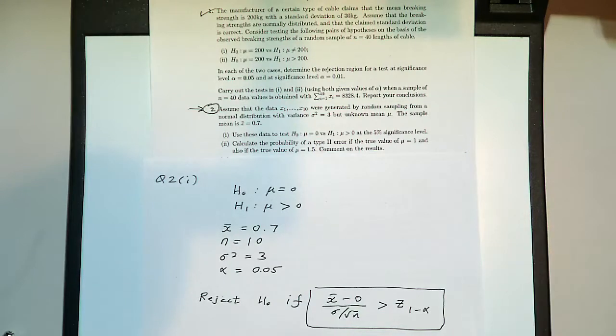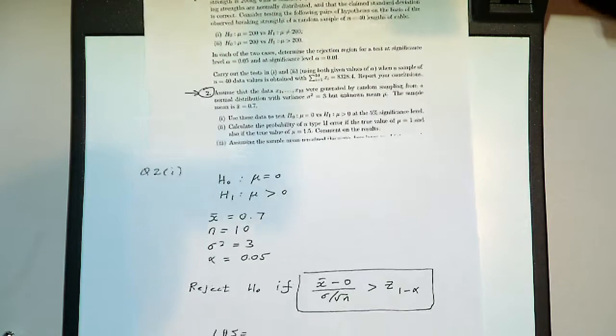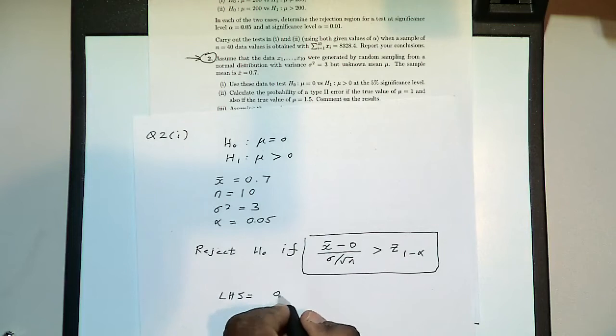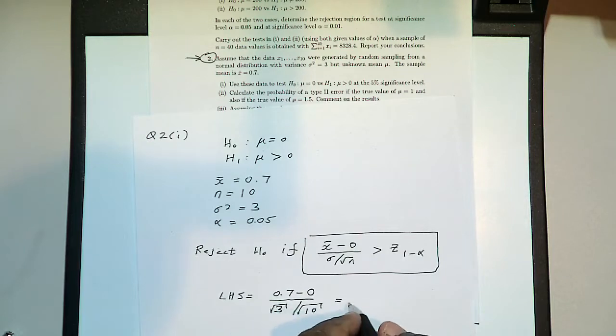the null hypothesis. So if you look at the left-hand side of the rule, which is x bar, which is 0.7, take away 0, sigma is root of 3, n is 10, and this works out to be equal to 1.275, right? And the right-hand side, alpha is 0.05.